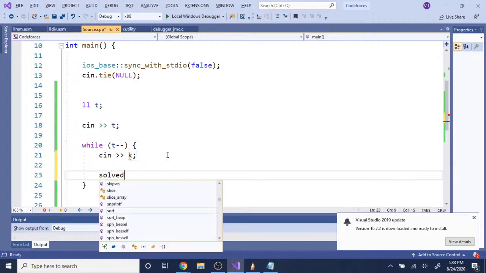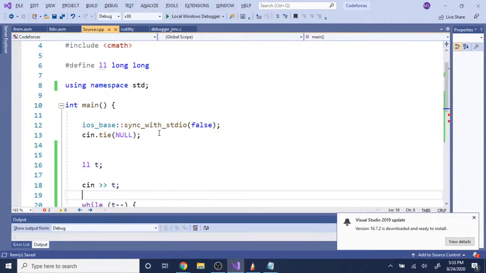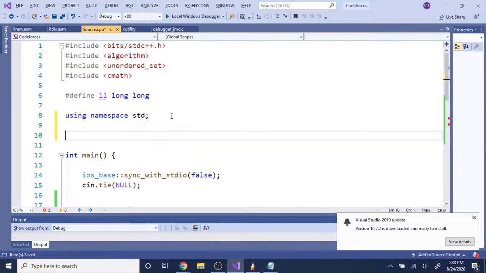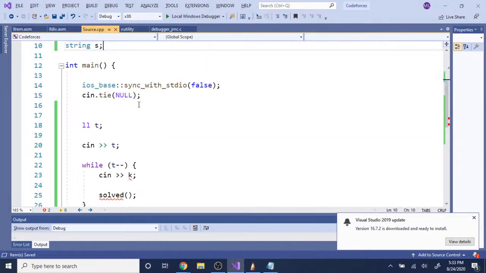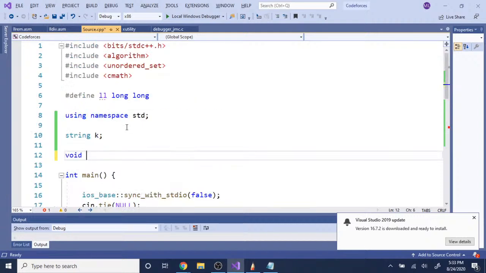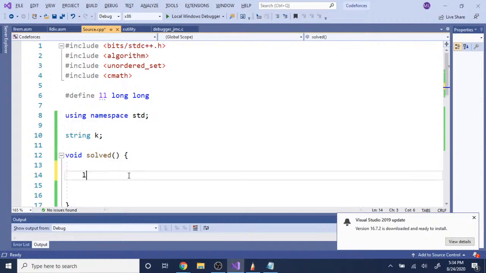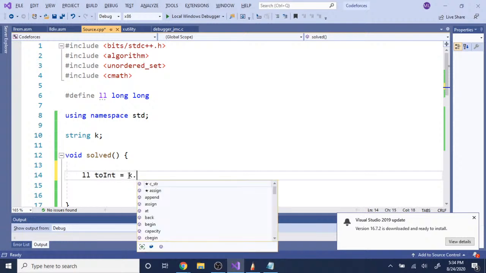So I could do solve k. No. String k. What are we doing a string? Okay. So technically, you could convert the string to an int, a long long to int equal to k.